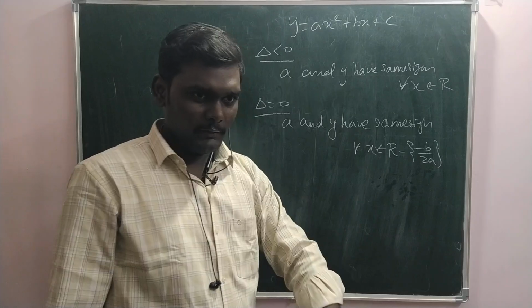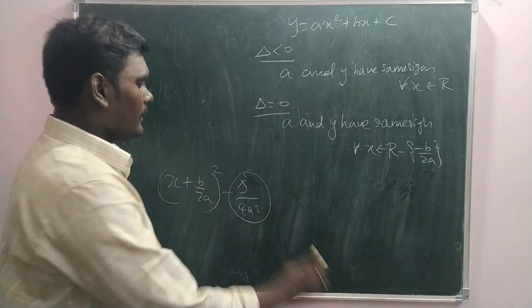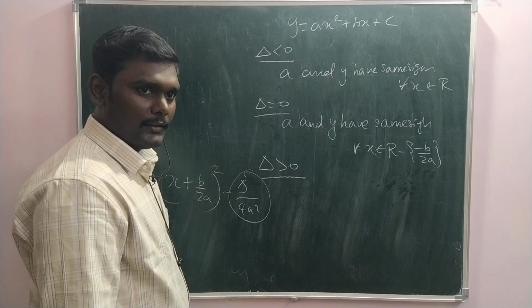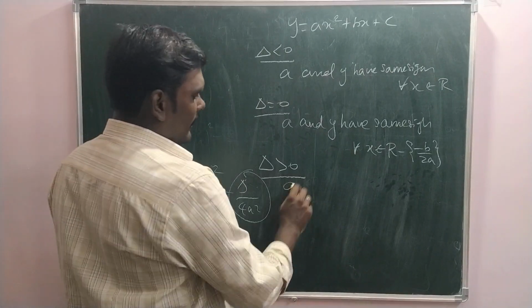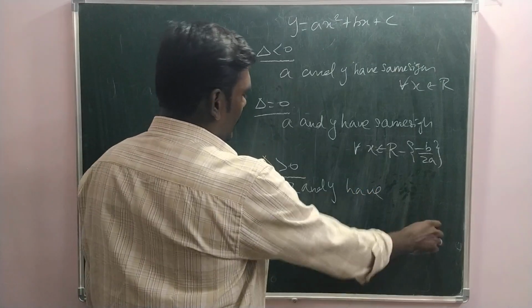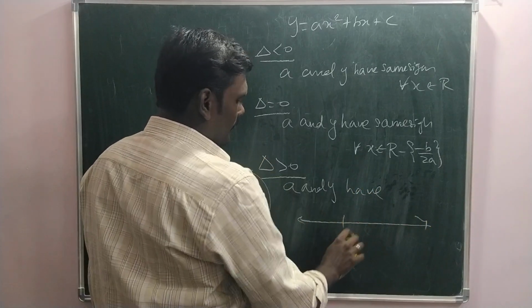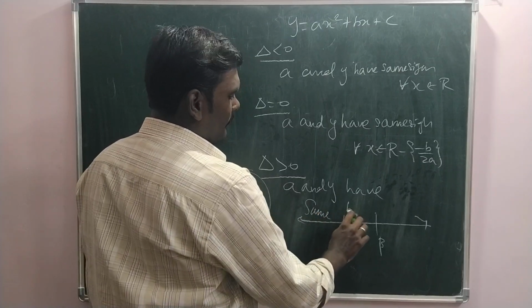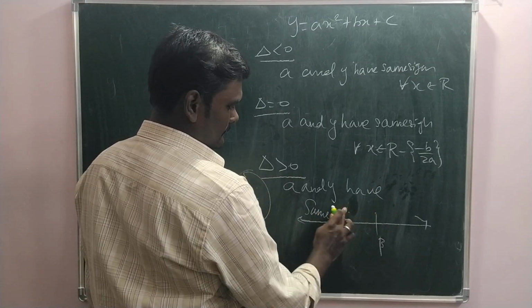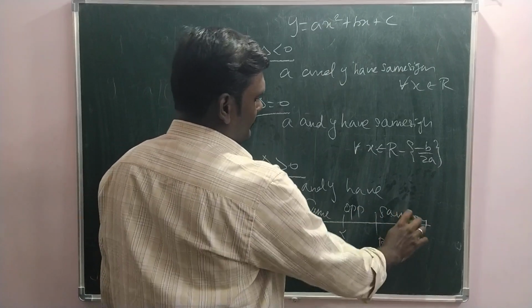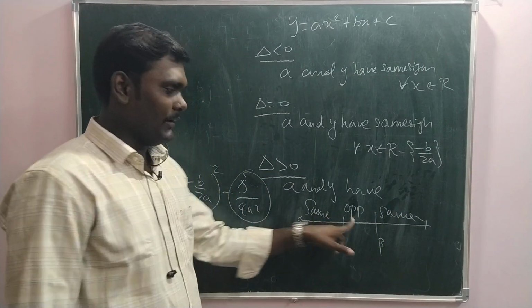Okay? Any doubts? Good. And then if delta is greater than 0, then a and y will have, just draw the interval alpha and beta: same, different, same.